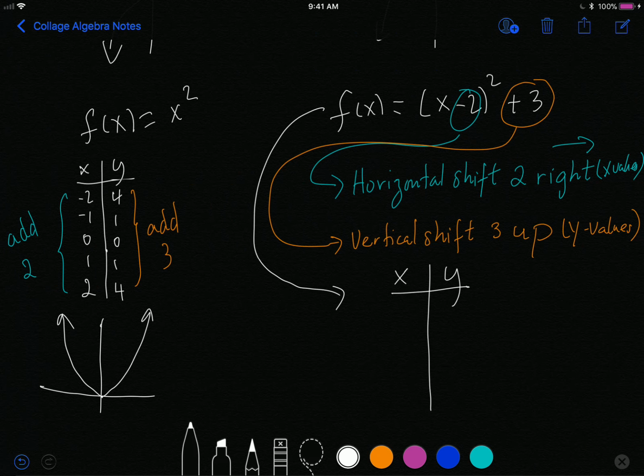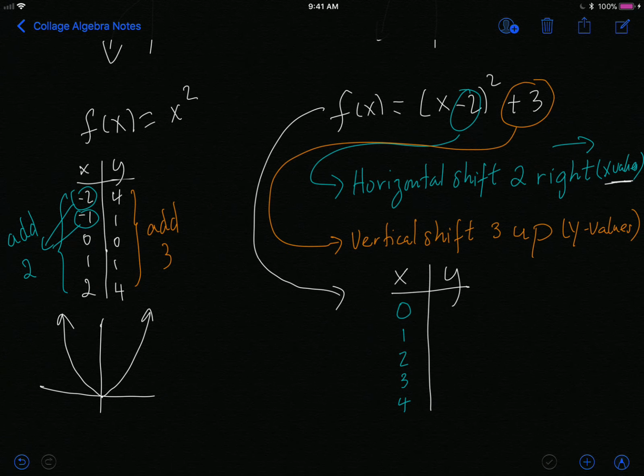Because I understand that the horizontal shift is affecting the x values, I simply take the negative 2 over here and add 2 to it. Negative 2 plus 2 is 0. Then I do the negative 1. Negative 1 plus 2 is 1, and so forth.